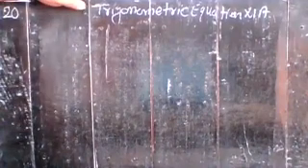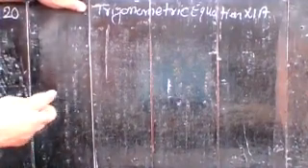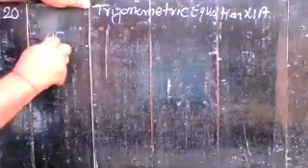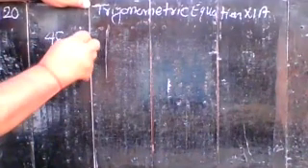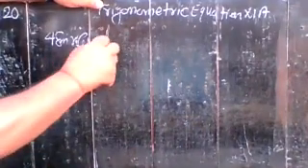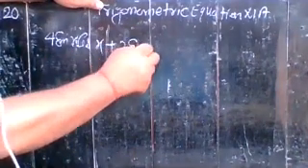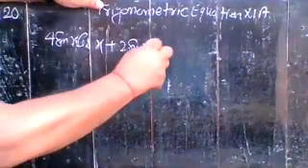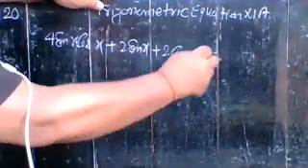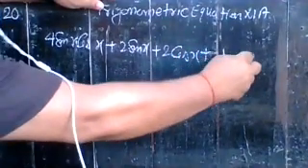Yes, right. Solve 4 sin x cos x plus 2 sin x plus 2 cos x plus 1 is equal to 0.